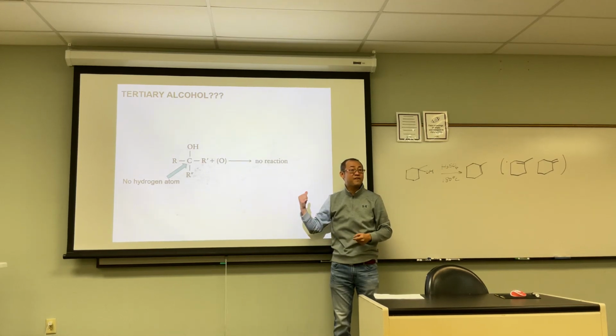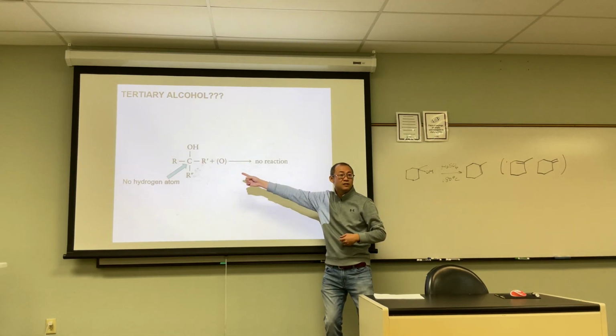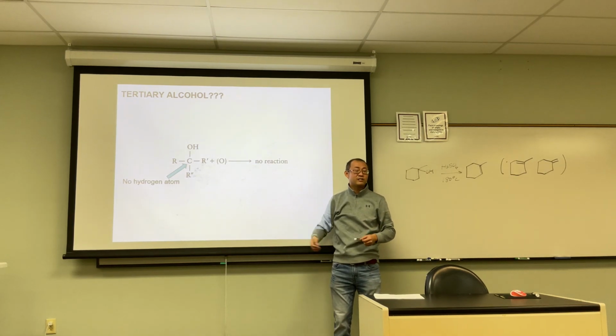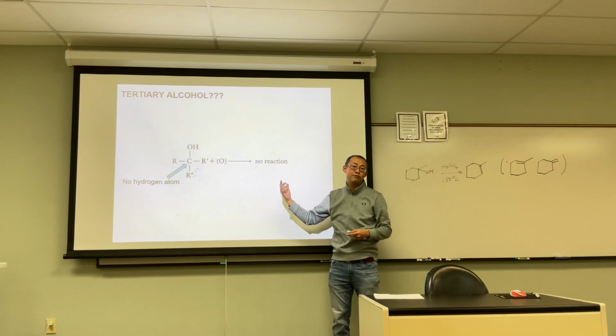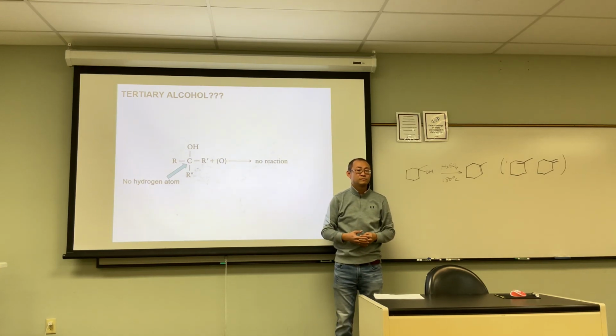And if I give you a tertiary alcohol, you write no reaction. Because that doesn't mean I won't ask you. I will. You have to tell me if there's a reaction. If no reaction, you put no reaction. A tertiary alcohol will not be oxidized.